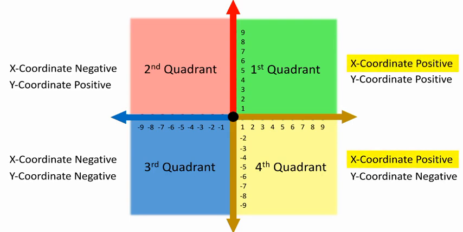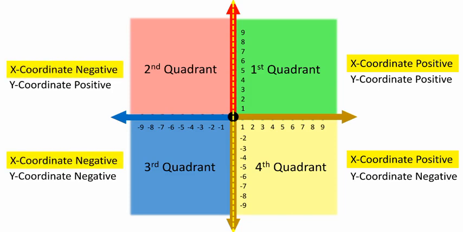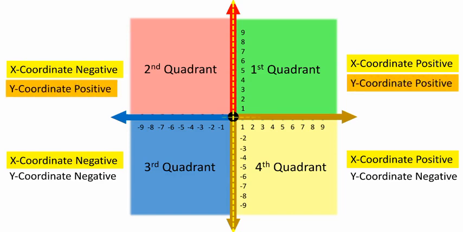Note that x-coordinates are positive on the right hand side of the y-axis and negative on the left hand side. Similarly, y-coordinates are positive above the x-axis and negative below the x-axis.